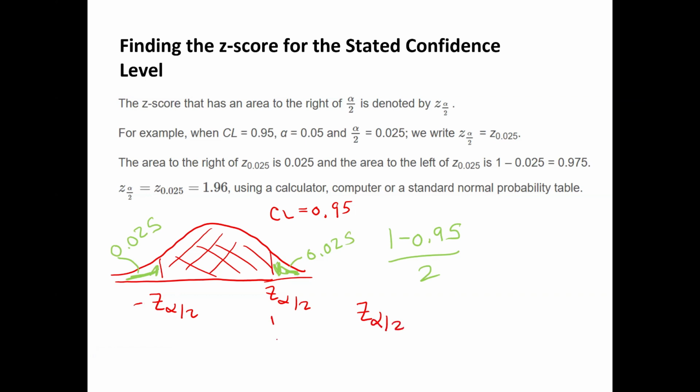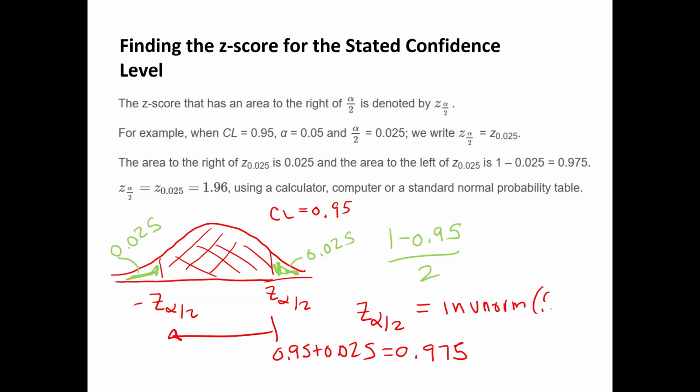The area to the left of z sub alpha over 2 is 0.95 plus 0.025, which is 0.975. So z sub alpha over 2 is inverse normal of 0.975.